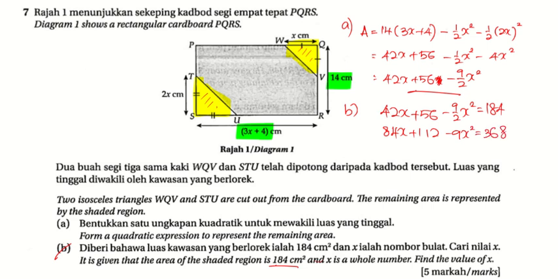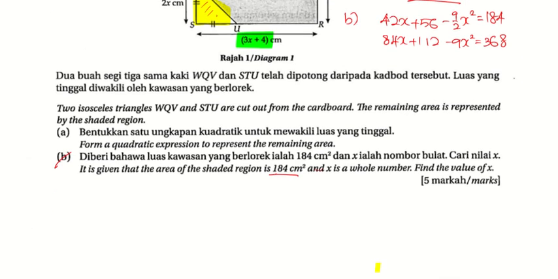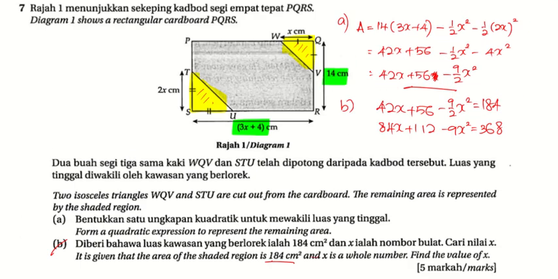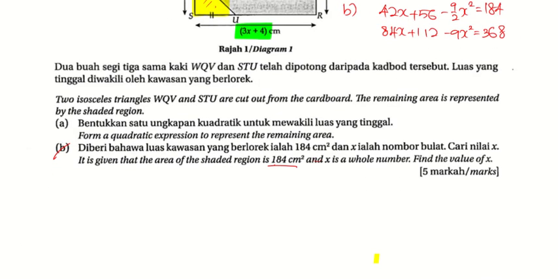Wow. Okay, so I need to solve the quadratic equation here. Let me bring it over here. 9x squared, this one bring over the other side, minus 84x plus 256 equals 0.